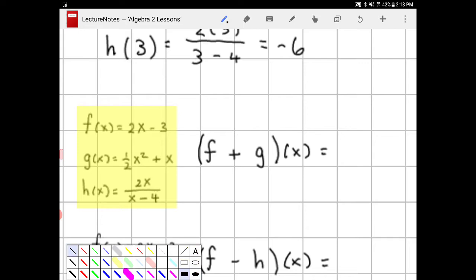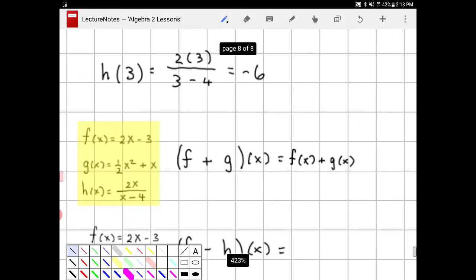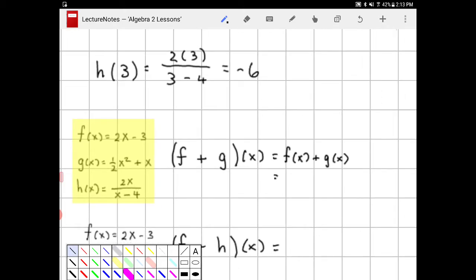The notation here says to take both functions f and g and add them. So we take f and g as we see them: 2x minus 3, and we add that to 1/2 x squared plus x.